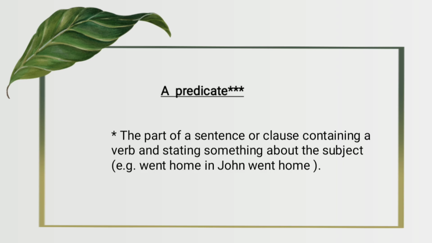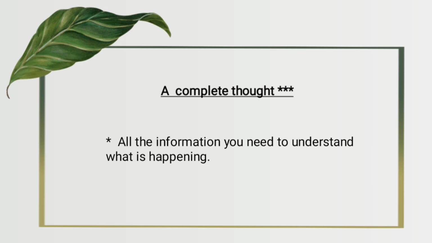So these are predicates. A complete sentence must have a predicate, and it also needs a complete thought. Even if a sentence already has a subject and predicate, if it doesn't make sense to you, like you don't have all the information you need to understand what's happening, then the sentence does not have a complete thought.